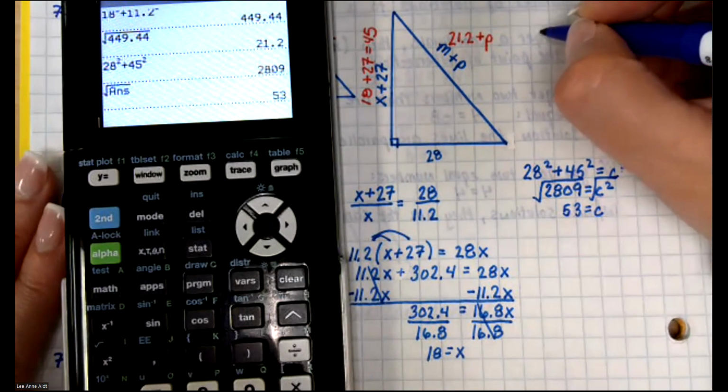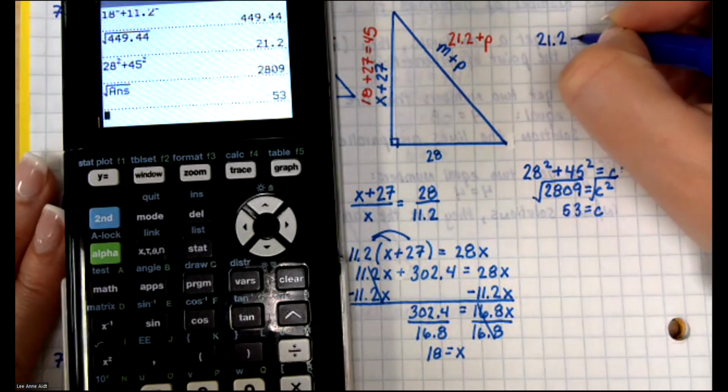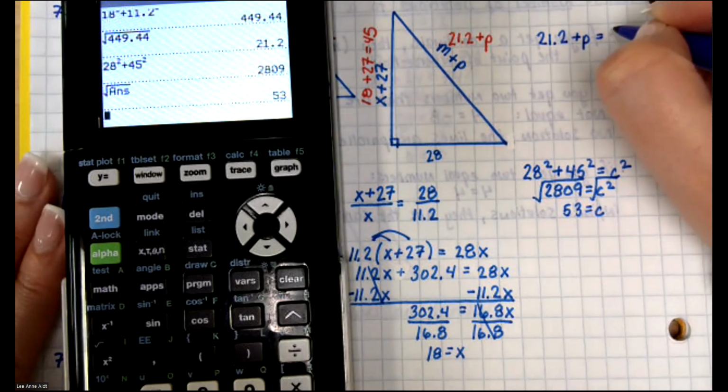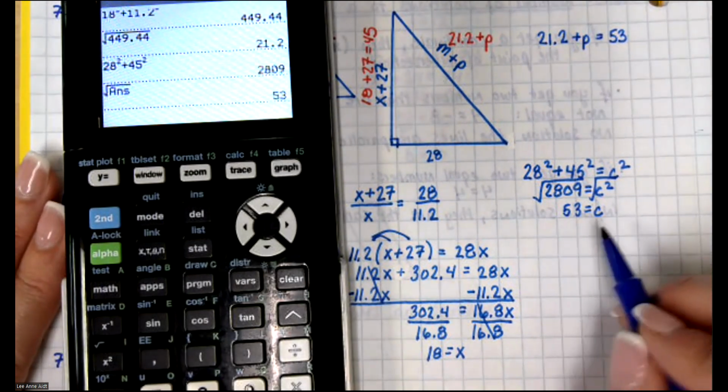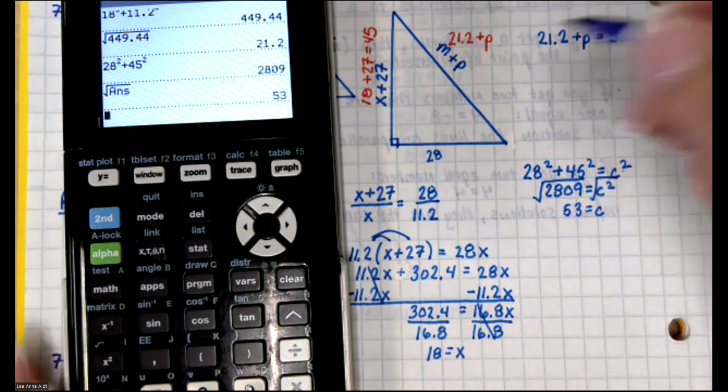Okay, so then I'm going to say 21.2 plus P equals 53, because that's what I got for C. And just minus.